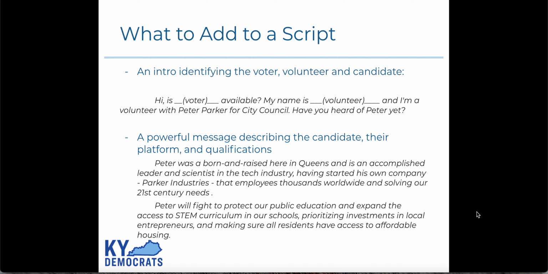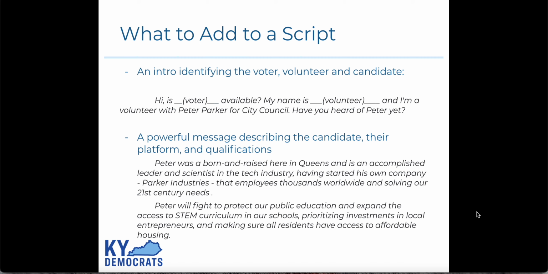I have a powerful message describing the candidate, their platform, qualifications, giving the voter a little bit of a synopsis of who the candidate is and what they stand for. In this one, I'm rolling with Peter Parker running for city council. Peter was born and raised here in Queens and is an accomplished leader and scientist in the tech industry, having started his own company, Parker Industries, that employs thousands worldwide in solving our 21st century needs.